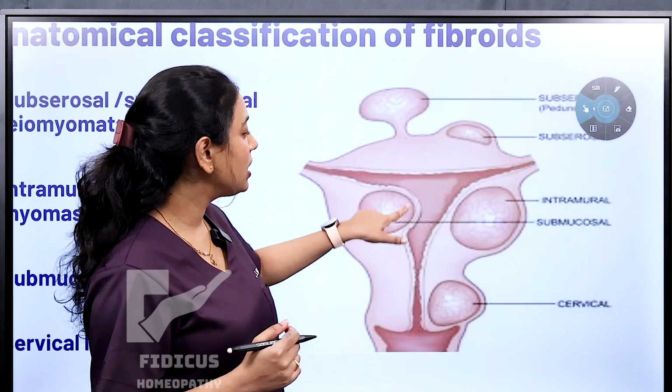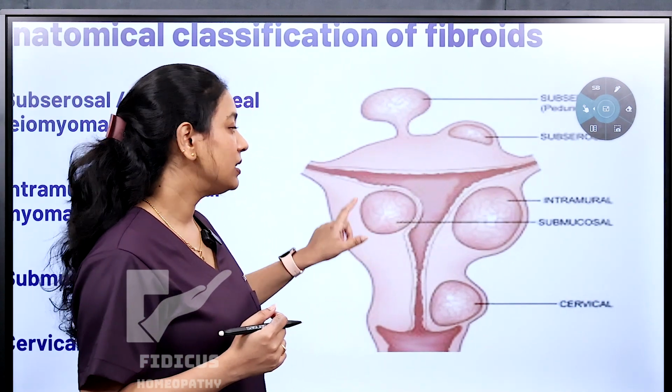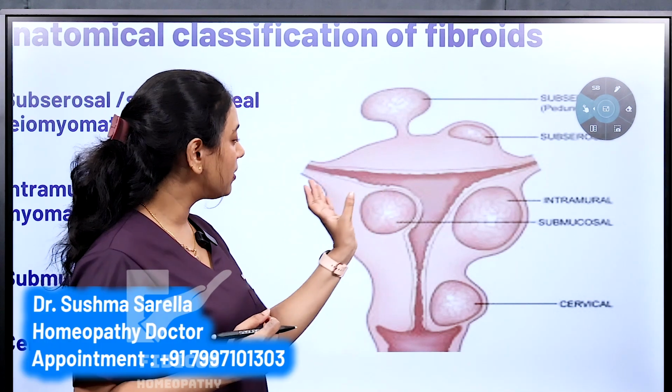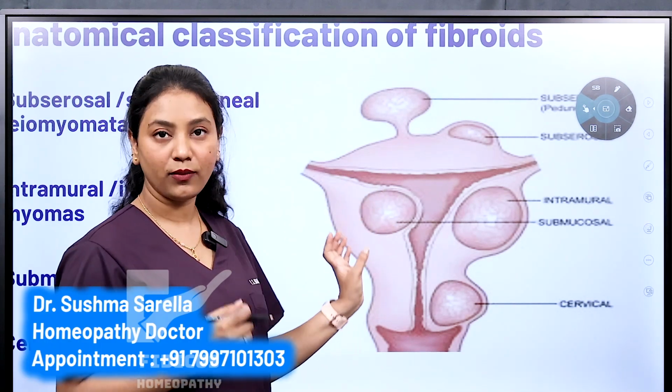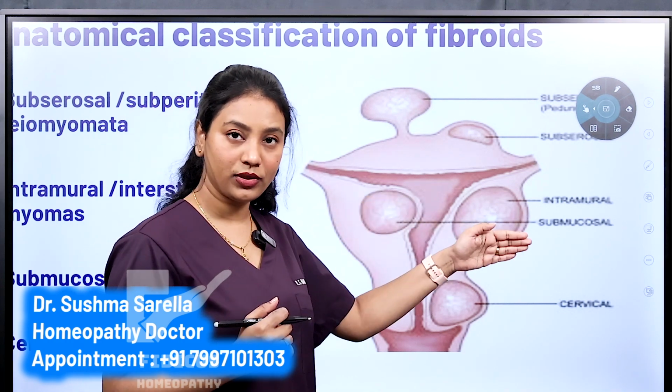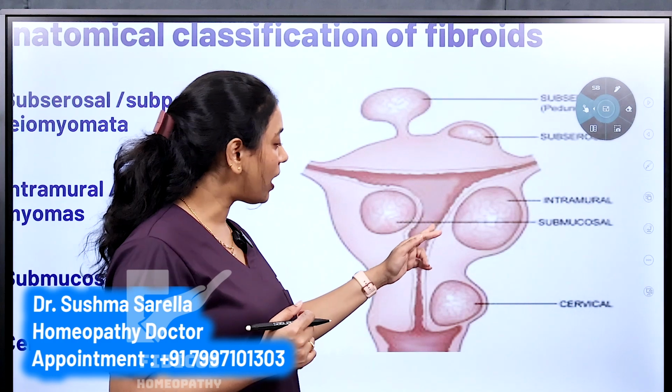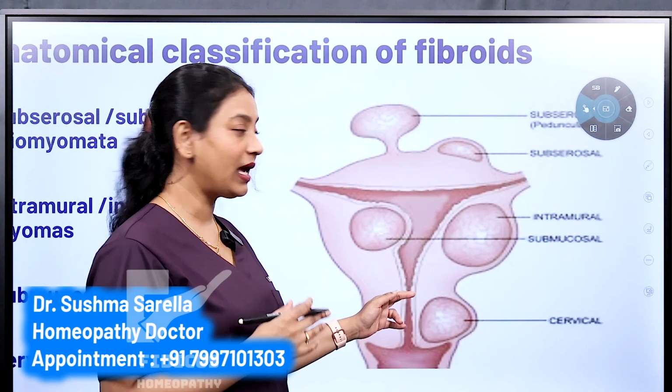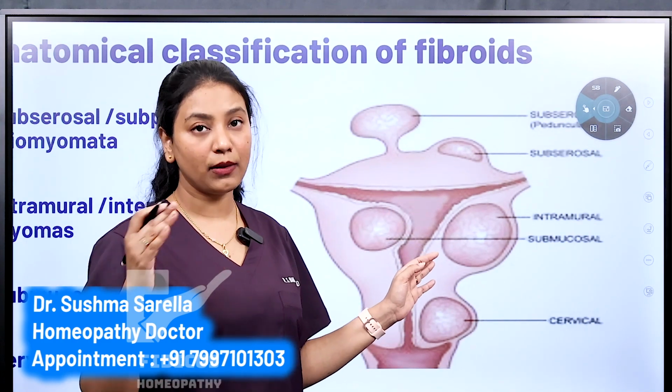Next, coming into the submucosal type. In this submucosal type, the fibroid will start in the myometrium or the middle layer and it is protruding inside the uterine cavity. This will also alter the shape of the inside of the cavity, leading to recurrent abortions.